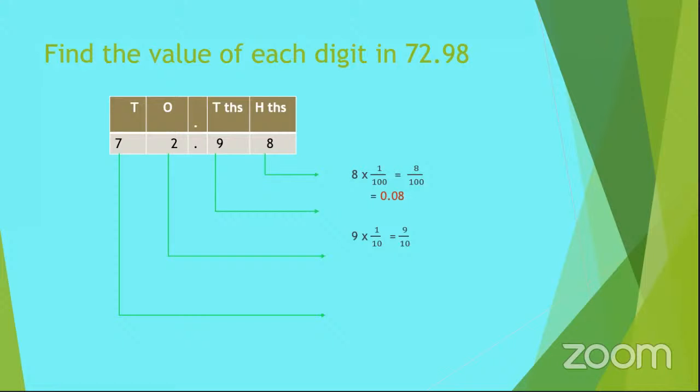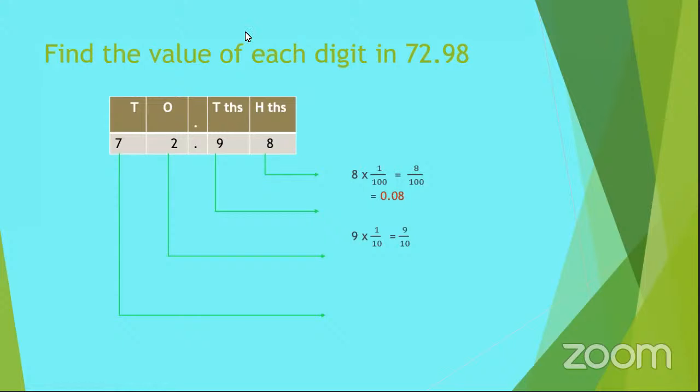But 10 has only 1 zero, yes? That means our decimal number will have only one decimal place. So for you to write it as a decimal number, it will have 1 point.